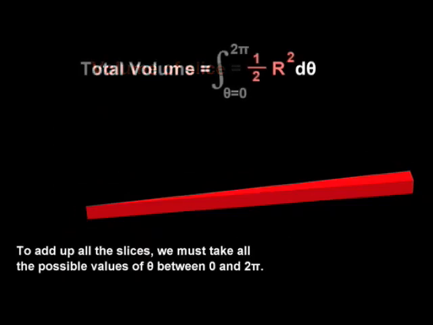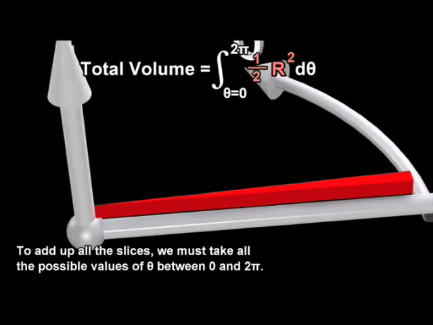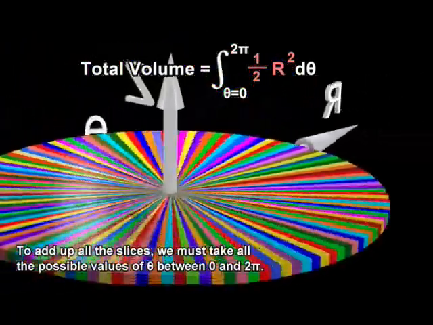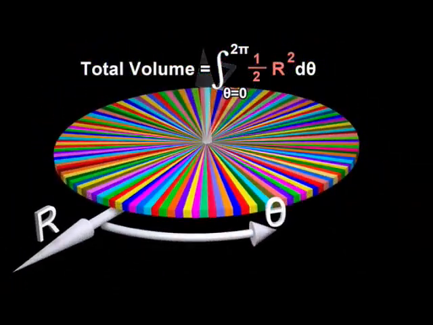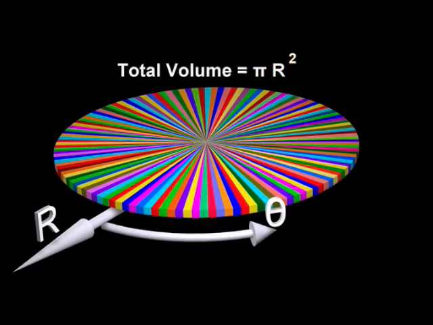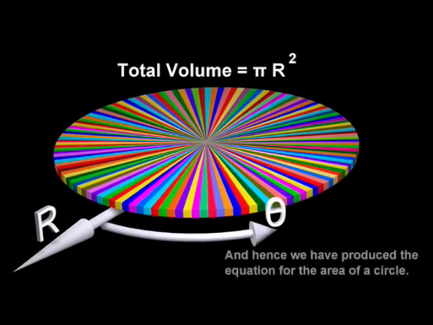To add up all the slices, we must take all the possible values of theta between 0 and 2 pi, and hence we have produced the equation for the area of a circle.